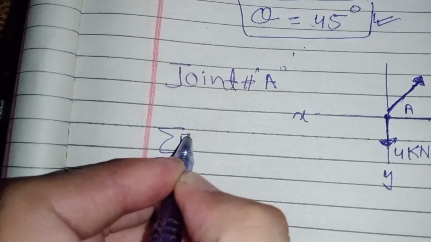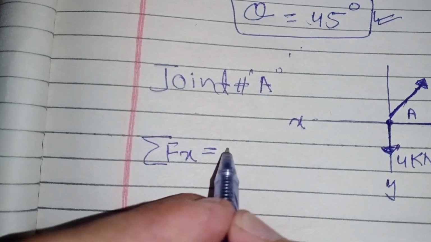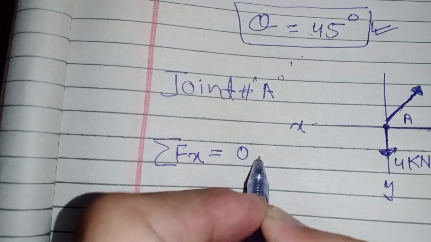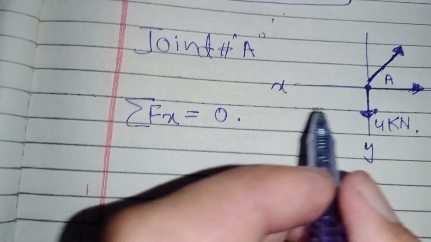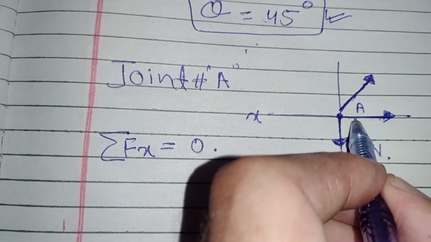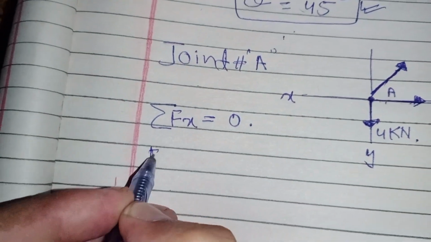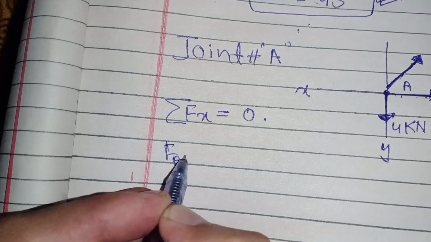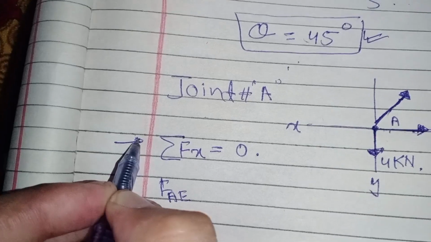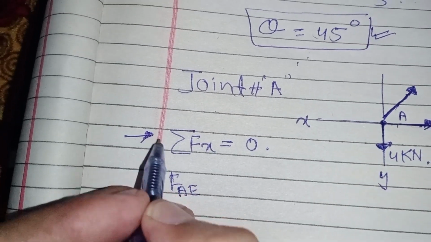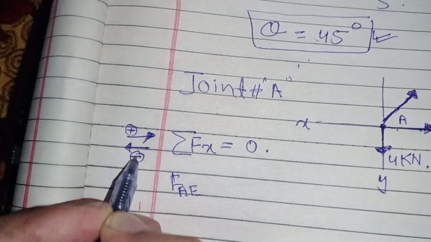Now summation of all forces in X equals 0. Establish this equation. This is the horizontal force, force of member AE, directed toward left. Right will be taken as positive, and the force directed toward left will be taken as negative.